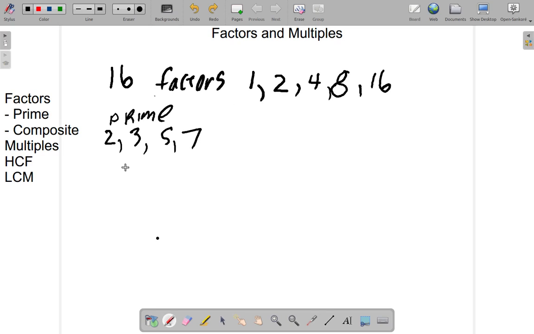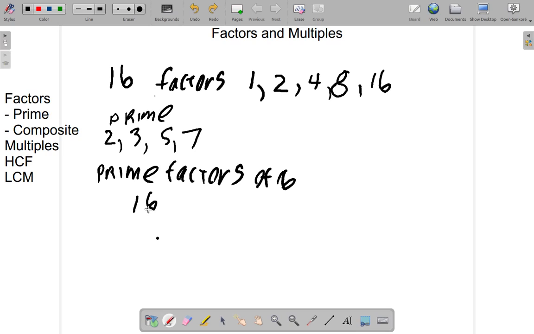Now, we want to find out what are the prime factors of 16. Okay, 16. 2 can divide into 16, so one of them is 2. Now, if you divide 2 into 16, you're left with 8. So 16 divided by 2 is 8.